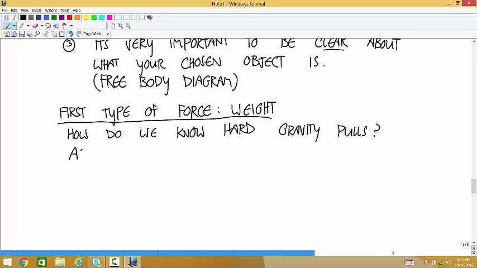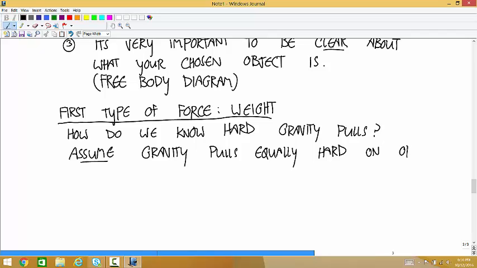So we're going to assume gravity pulls equally hard on an object no matter what motion it's undergoing.